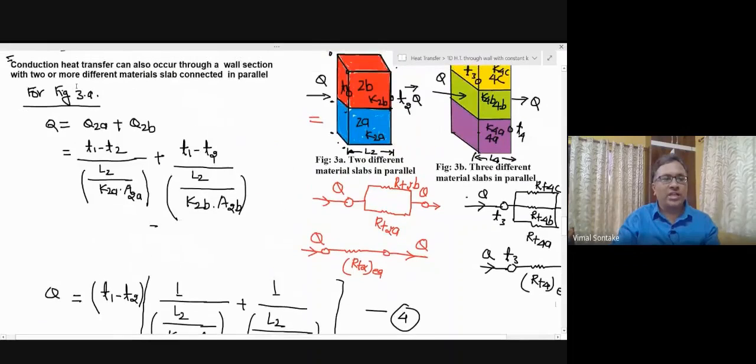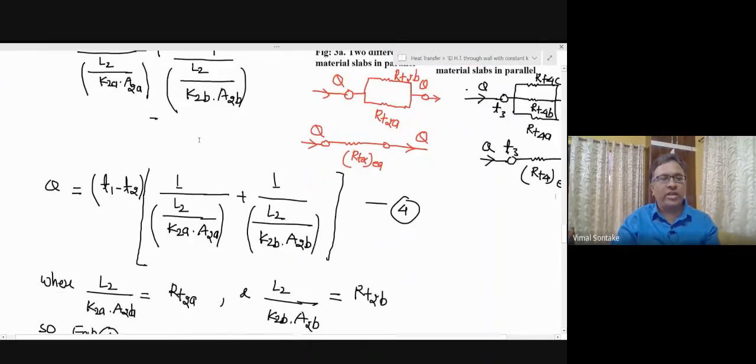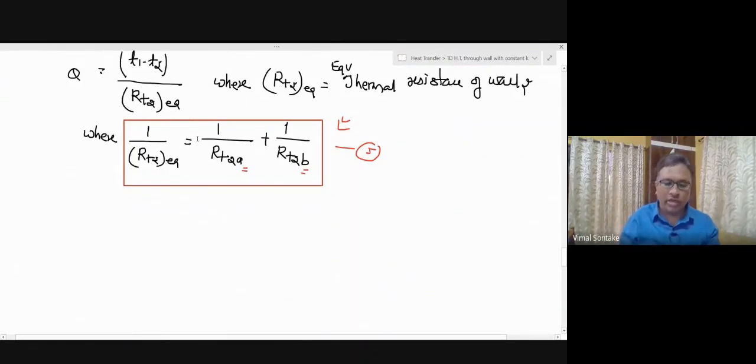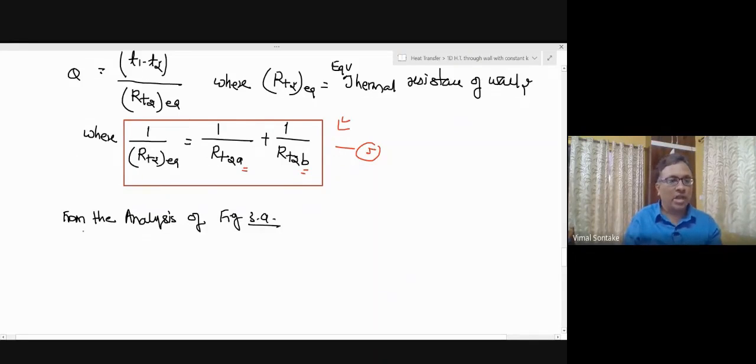So following the analysis for the material 2 in figure 3a, in the same way, I can find out the expression for RT2 equivalent 4. So I am not doing that analysis. From the analysis of figure 3a, how can I write Q?